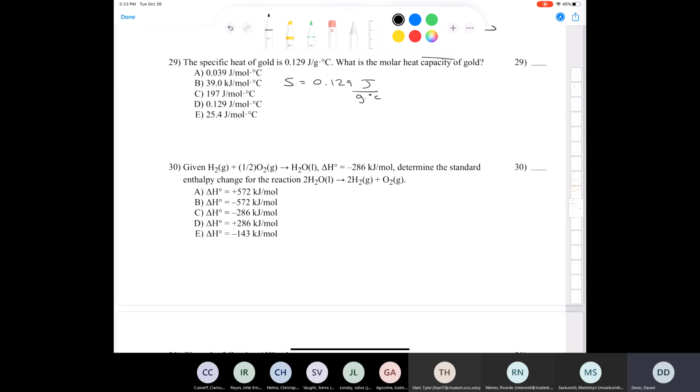Well, we know that molar heat capacity, which we represent with the capital letter C, is equal to specific heat times mass, or we oftentimes write it as mass times specific heat like that, because specific heat is the amount of energy that's required to raise 1 gram of a substance by 1 degree Celsius, but the molar heat capacity is the amount of energy required to raise 1 mole of a substance by 1 degree Celsius.